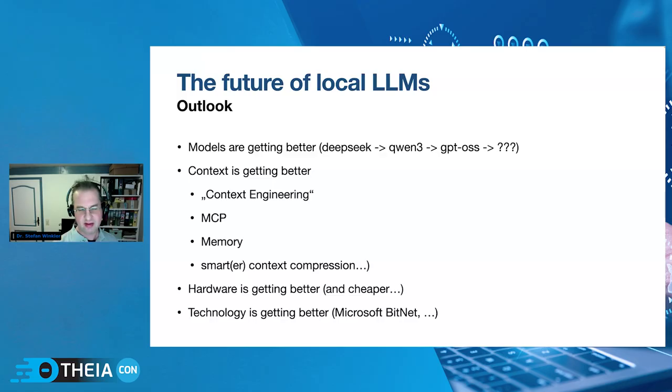There are thoughts about doing the context compression in a smarter way and not just forgetting the first messages and so on. Hardware is getting better and cheaper. So as I said, I've used a 5-year-old processor, and also new technologies are emerging like Microsoft BitNet and so on.